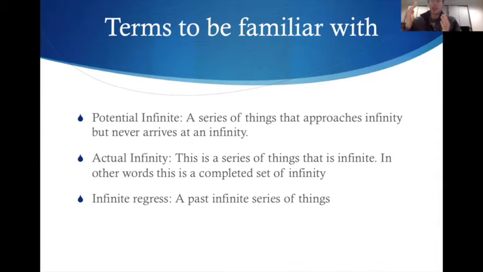It's always going closer and closer to infinity, but it never quite gets there. So, for example, you could think of a graph with a parabola where the line is always getting closer and closer to zero, but it's never getting there. That's what a potential infinity would be like.